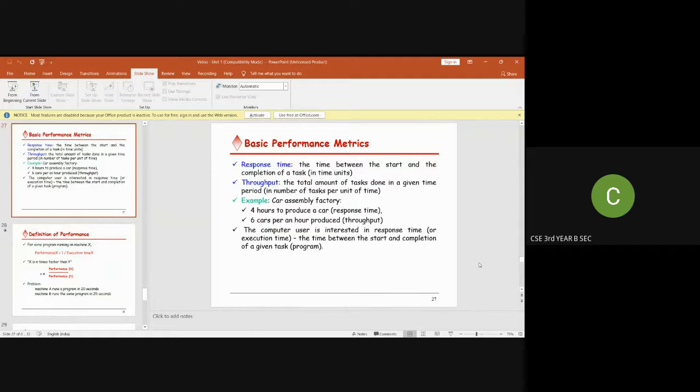But based on the manpower and also the availability of the parts, it can produce 6 cars per day. This is called the throughput. So the number of tasks completed in a given unit time is termed the throughput, and the time between the start and completion of a task is termed the response time.